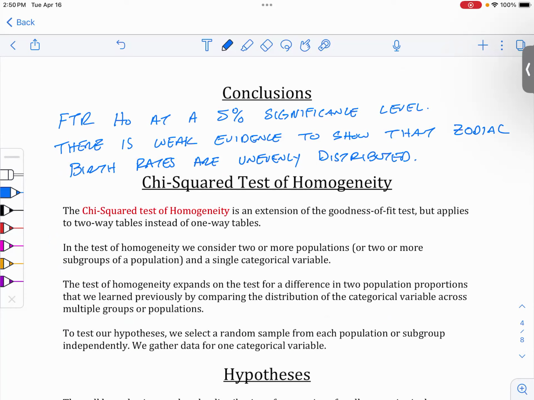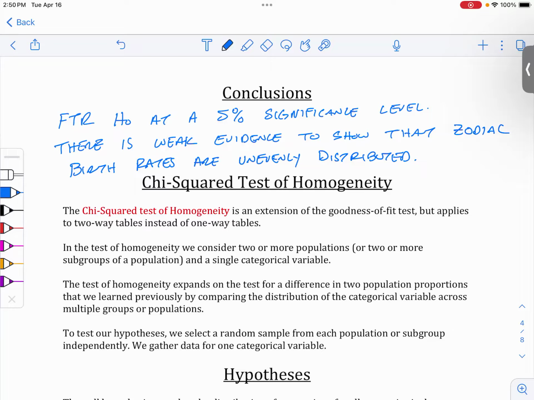And that's it. Again, check our conditions, write our hypotheses, StatCrunch, conclusions. The process is very, very simple.